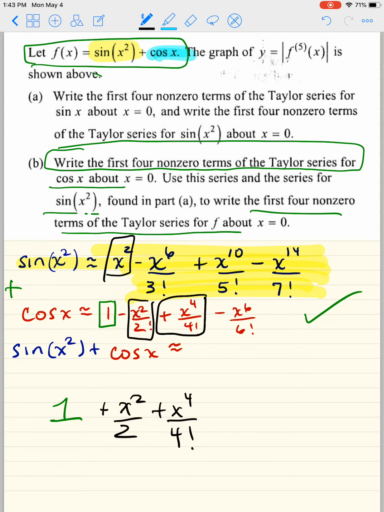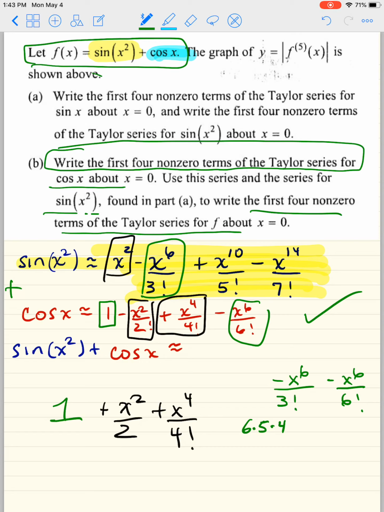So let me get rid of this stuff here, okay? The next one is going to be x to the sixth, so you guys are going to have to brush up on your mathematics over here. So let me teach you the fast way of how to do this. So negative x to the sixth over 3 factorial minus x to the sixth over 6 factorial. Now obviously 6 factorial is bigger than 3 factorial, but it's bigger than it by 6 times 5 times 4, right? So if I do 6 times 5 times 4 times this entire 3 factorial that I have there, I'll get 6 factorial.